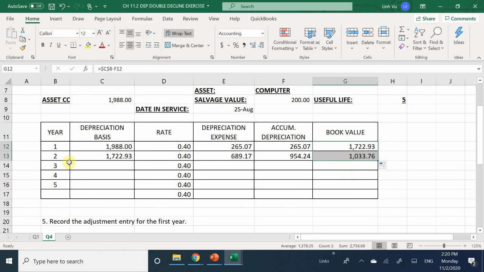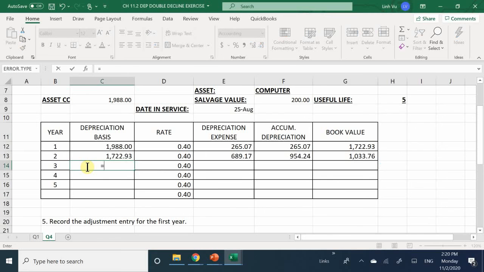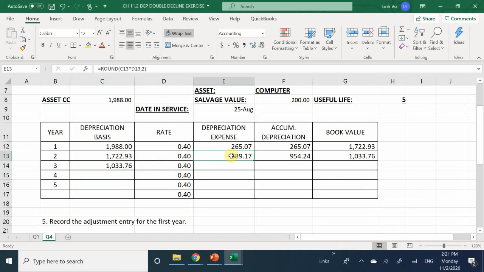So that's my new depreciation basis for year 3. So what is 40% of this $1,033.76? Hold on one second, I messed something up.